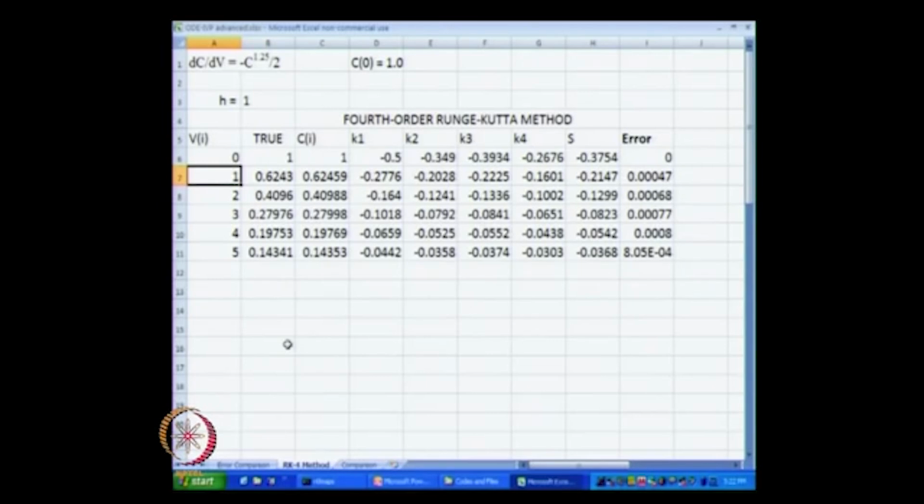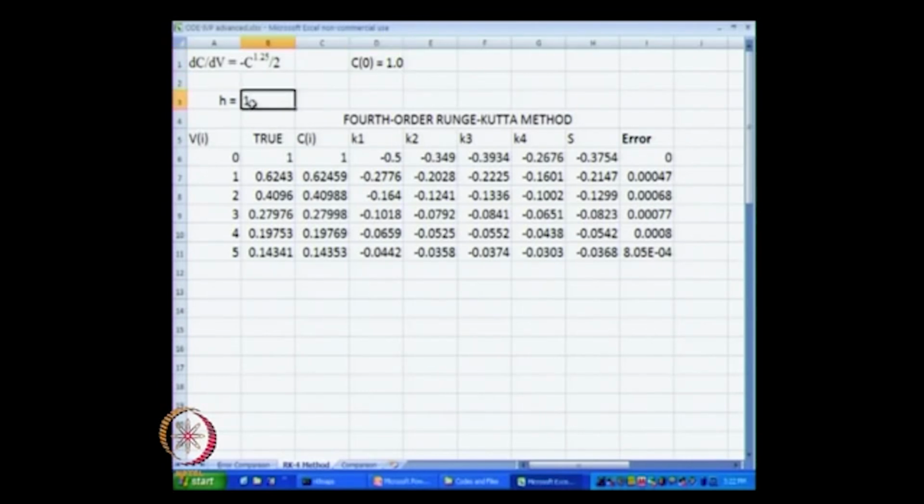I believe this is the sheet that we used in the previous lecture to compare the global and local truncation errors. What we want to do here is compute the concentration at volume V equal to 5, starting with the concentration C0 equal to 1.0.